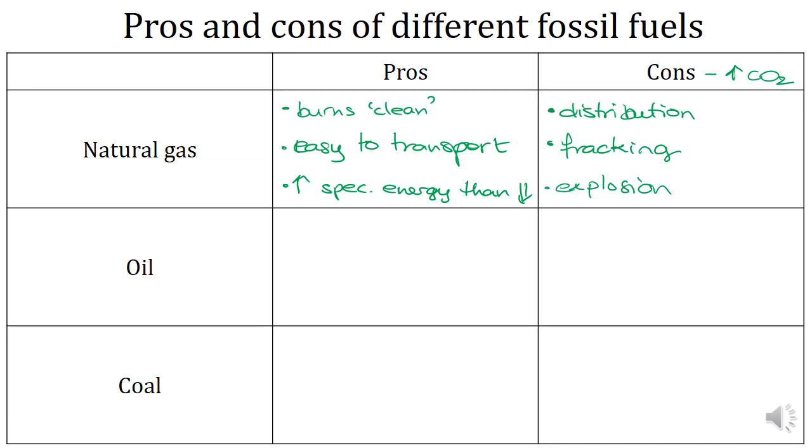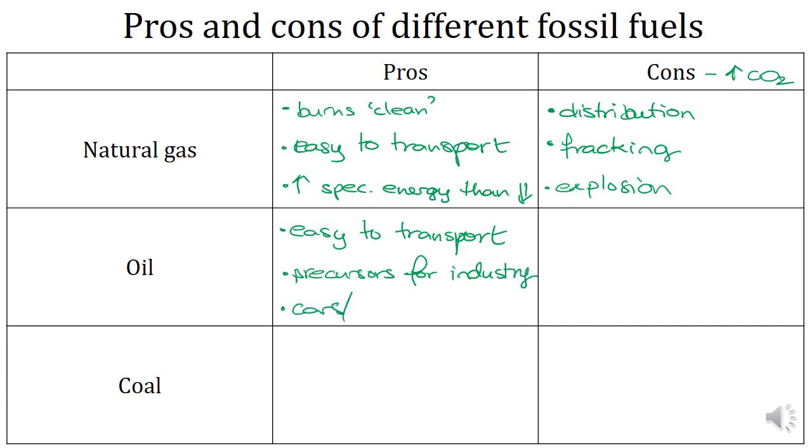Oil is also reasonably easy to transport. So you've probably been on the freeway and seen one of the big tankers driving past. Oils are also used as precursors for chemical industry. And this is the fuel for cars and trucks and planes.